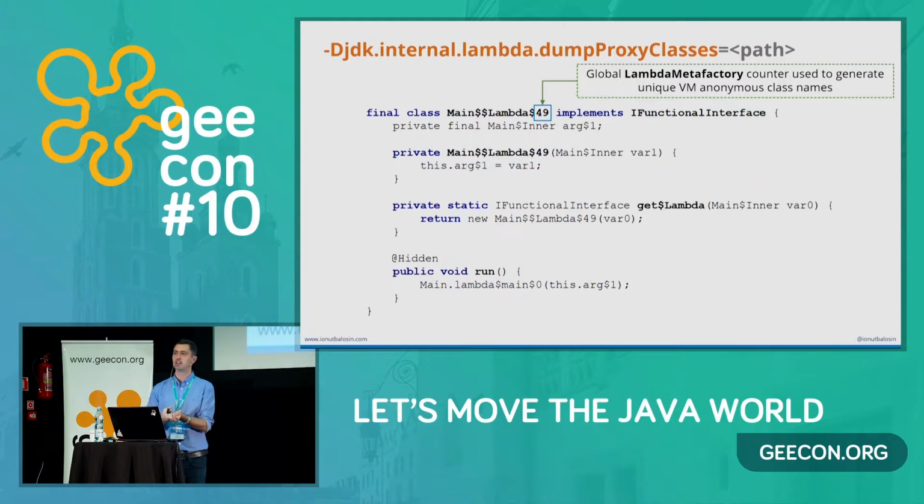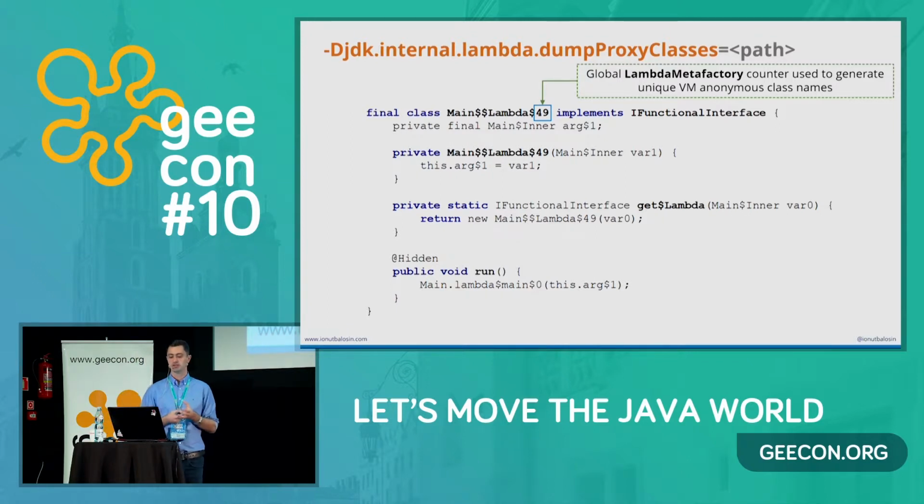What's that 49? It's actually an atomic counter, which belongs to the factory, because every time a new VM anonymous class is generated, the counter is incremented. So in this case, 49 means this is the 49th class generated since the JVM started.